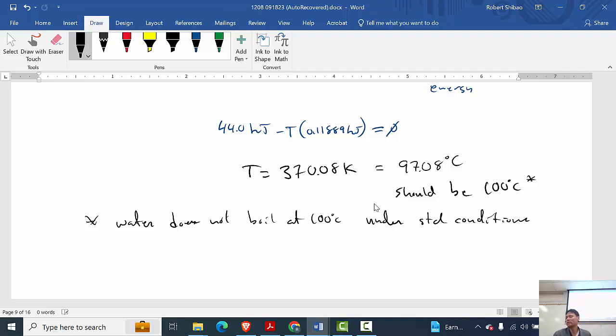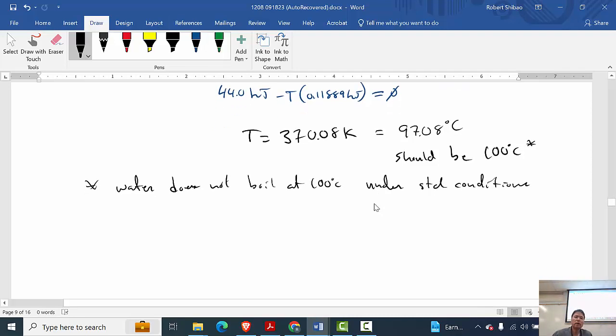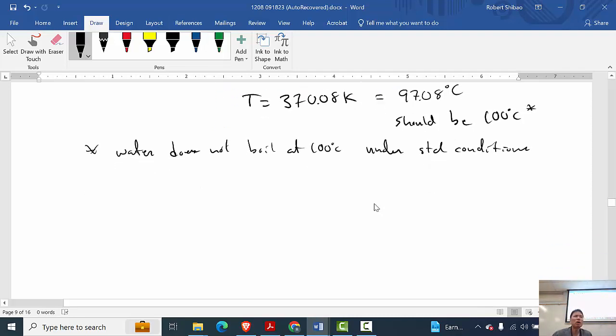This is one of the reasons why I still prefer atmospheres. And so what temperature does water boil at under standard thermodynamic conditions? Do you have it memorized? No, neither do I. So we'll have to calculate it. So how can we calculate the boiling point of water under standard conditions?